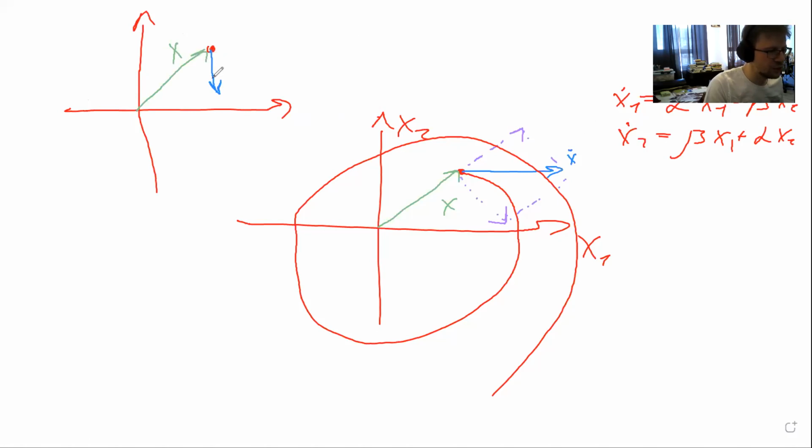You see the dot product between them is now negative. So still it has those two components as before: the perpendicular component, which only rotates x, and the parallel component, which actually makes x shrink this time. The perpendicular component doesn't play any role for stability. The parallel component does. So what we want is for x times x dot to be negative.